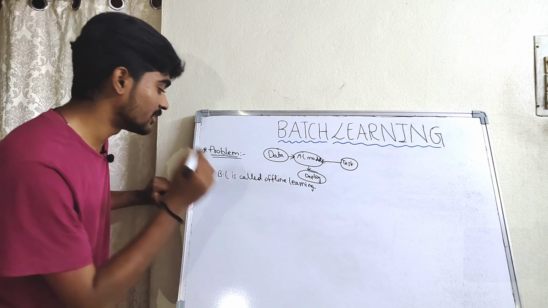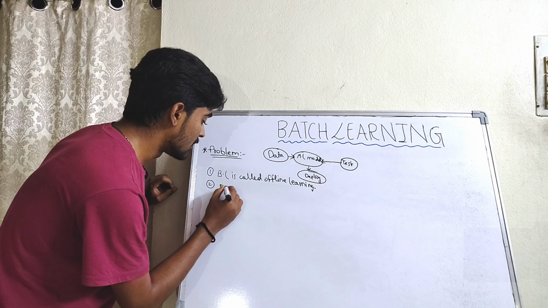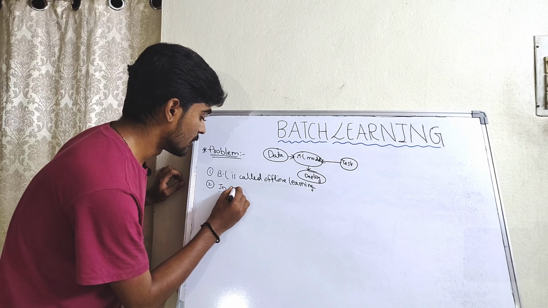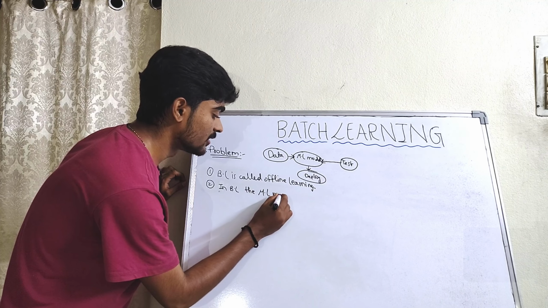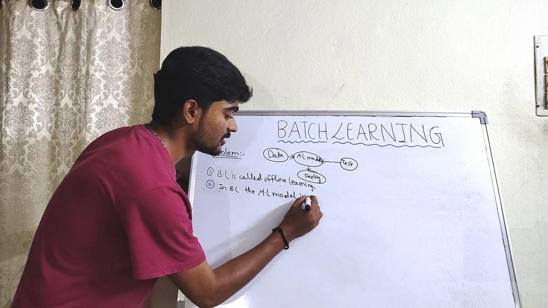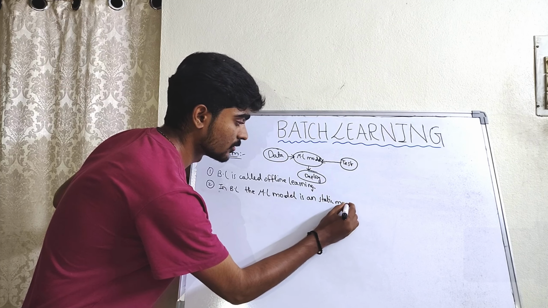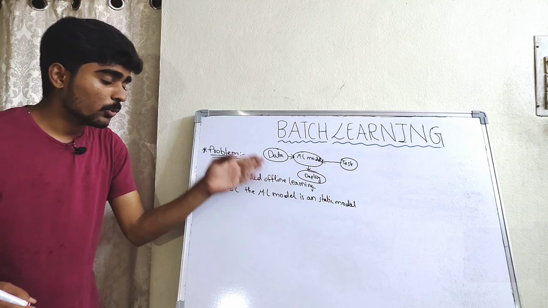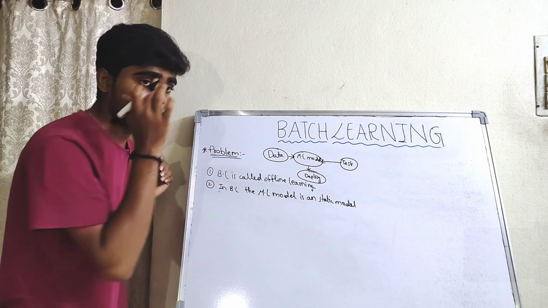And the second point is that in batch learning, the machine learning model is a static model. If we are able to understand both these points, then we can understand the major problem in this flow. Now let's start with our first point, that batch learning is called offline learning.